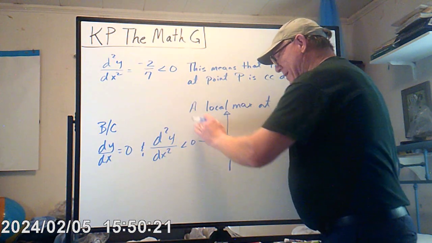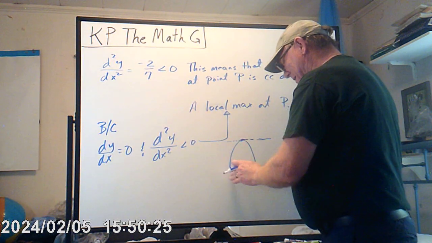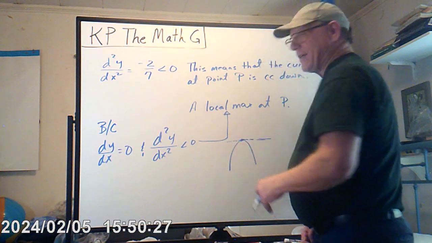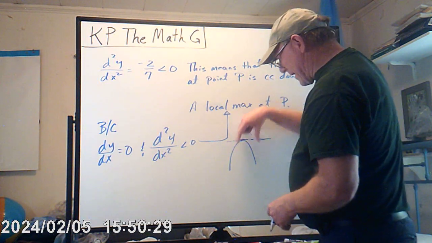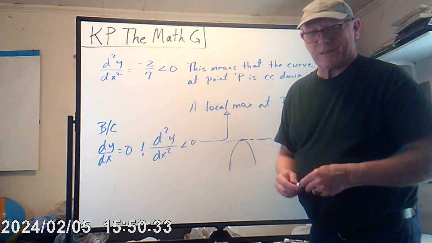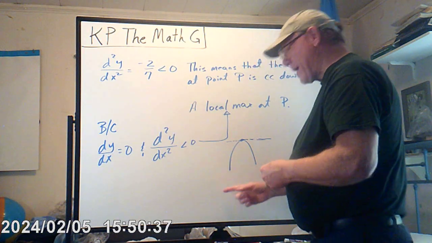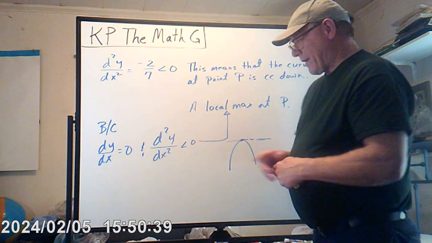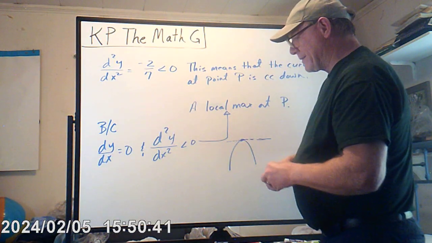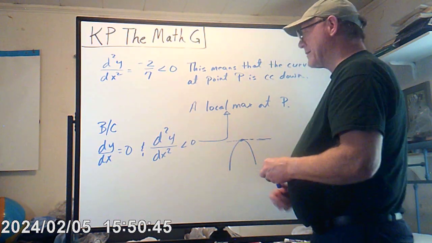No, this doesn't determine max or min. This determines, well, this does, but this determines concavity. So this is concave down, which means that you do have a max. Keep that in mind. If it's concave up, you have a min. If this were positive, then you would have a min.